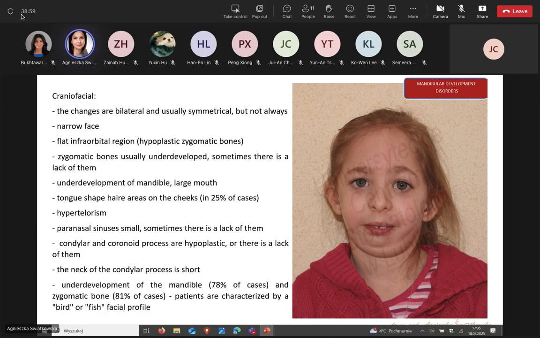Sometimes we see tongue-shaped areas on the cheeks, and hypertelorism is also observed in this group. Paranasal sinuses are small. Sometimes there's a lack of them. Condyle and coronoid process of the mandible are hypoplastic, or we observe the lack of them.